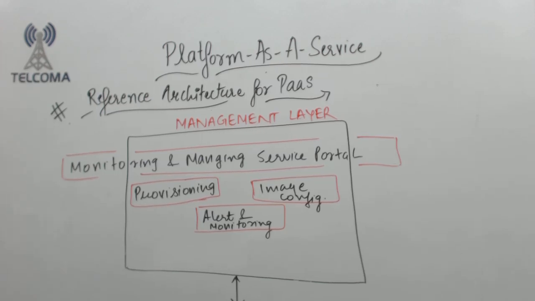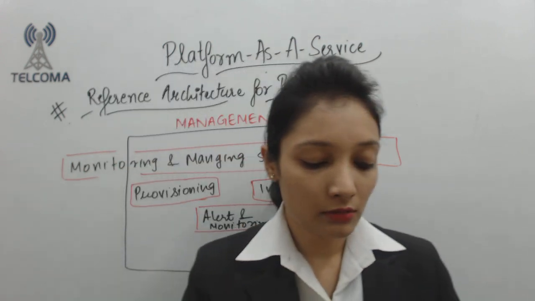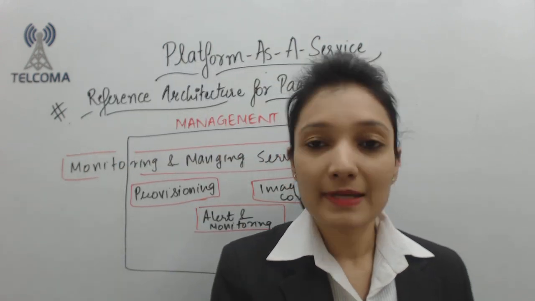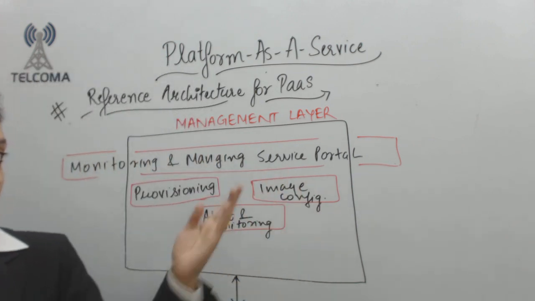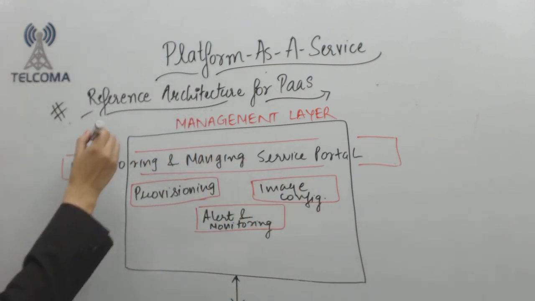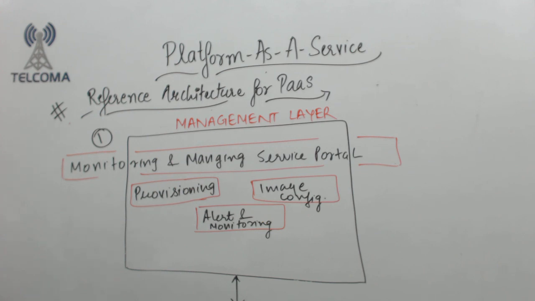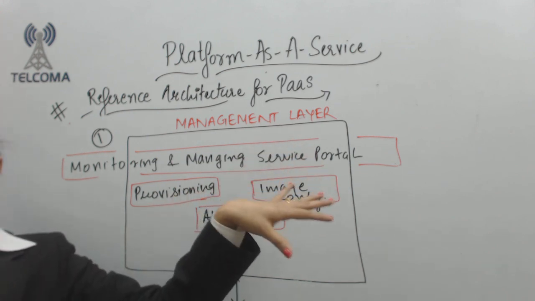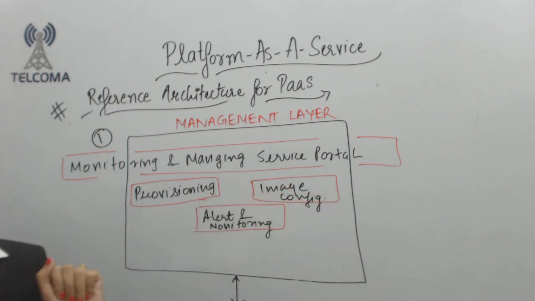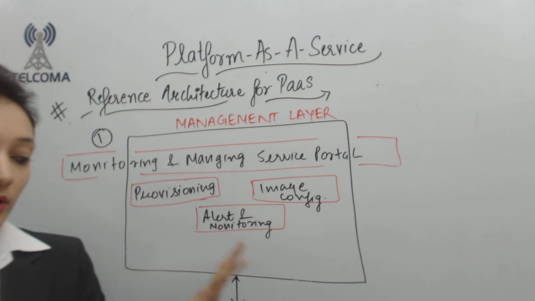So the very first component which we have in our management layer is the monitoring and managing the service portal. So this is basically a service portal. So it has a dashboard for monitoring the application services. So what are the key features you require for this portal?